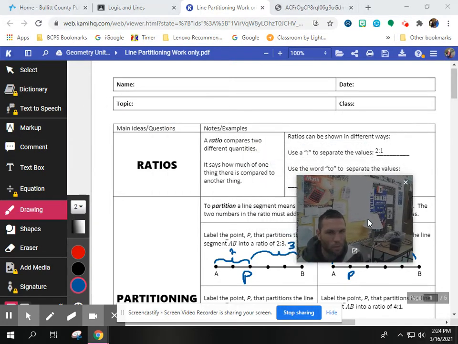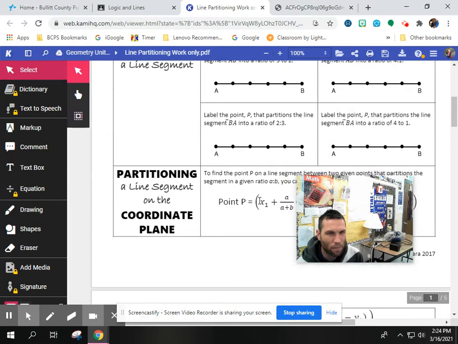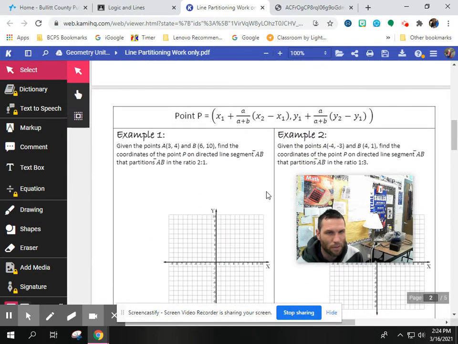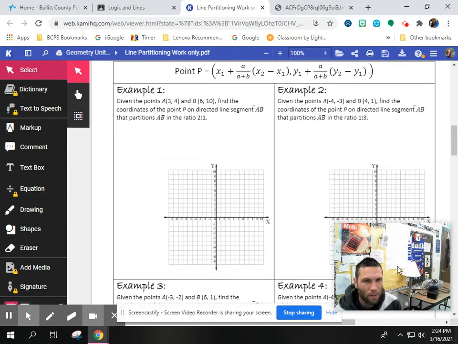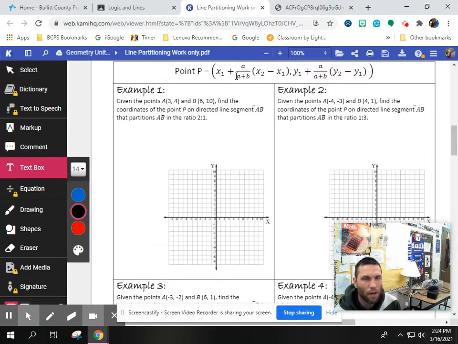Let's go down to the bottom now. Here's the formula: it's the first point plus the first part of the ratio divided by the sum of both parts of the ratio, times the distance of the x.